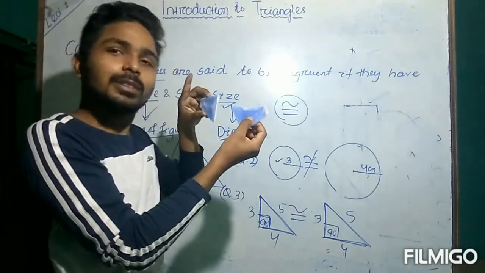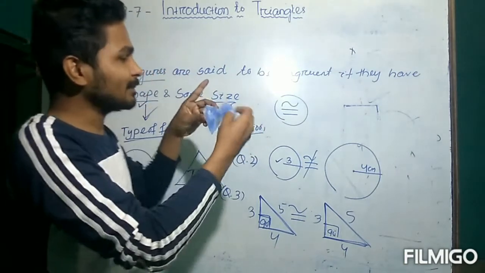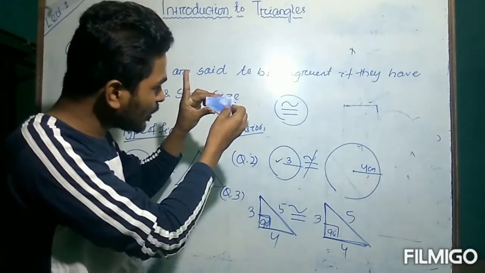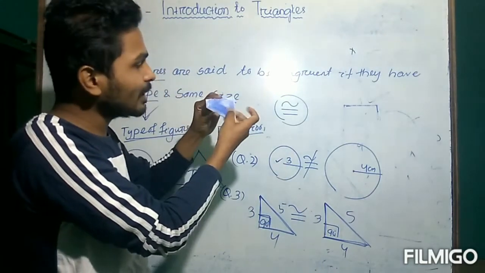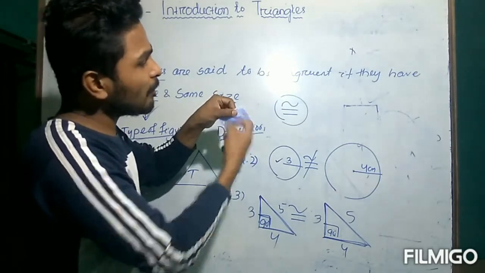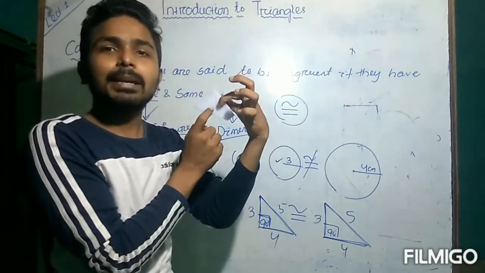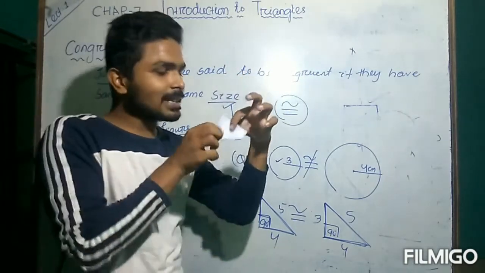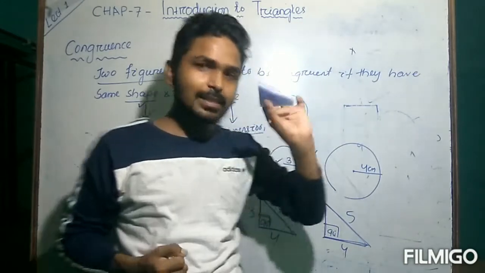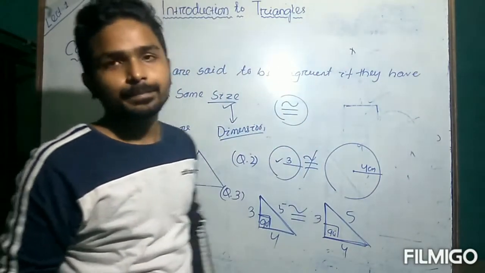Yes, but actually they are congruent. How? Let's see. If I put this figure here and the other pentagon over here, then you can see this pentagon completely covers the second pentagon. Yes or no? Similarly, this pentagon completely covers the second pentagon. Hence, these two figures are congruent.